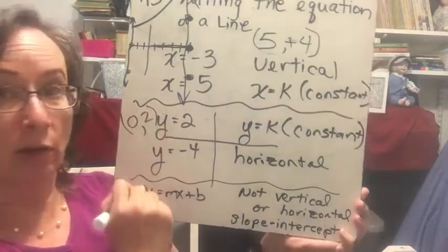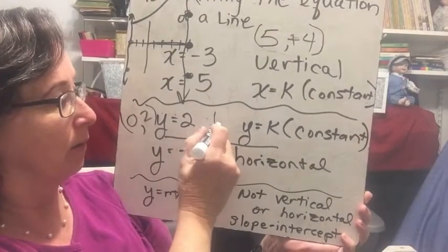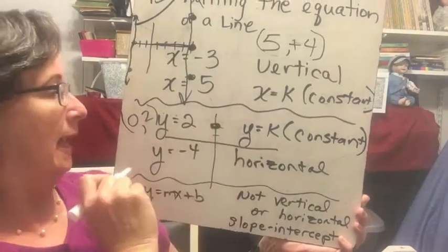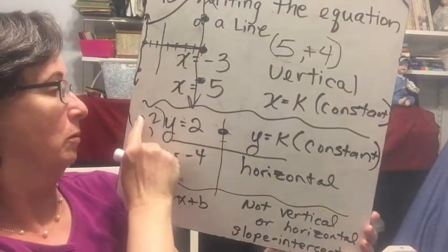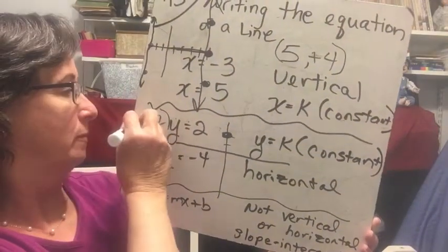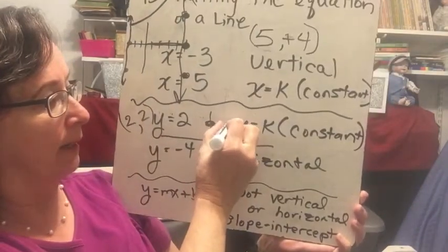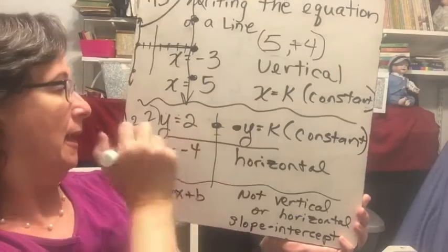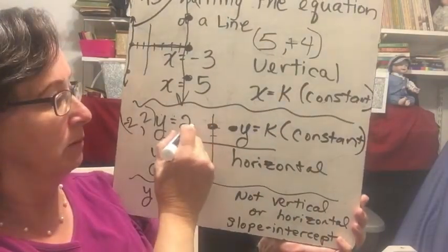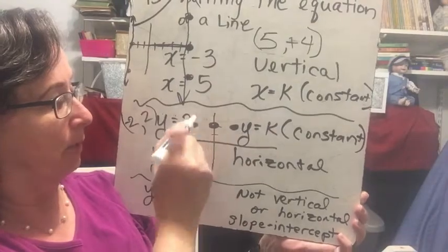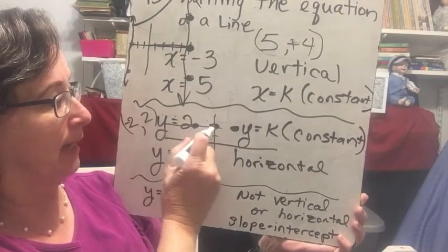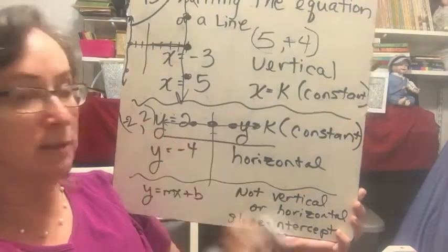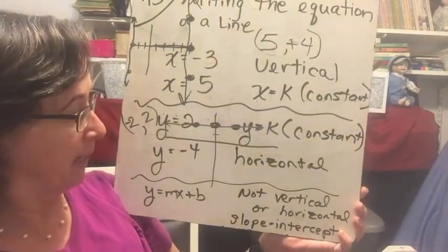So 0, 2 would be right there. And let's just do 2, 2, which would be about right there. And let's do -2, 2, which would be about right there. And look, I've got a horizontal line, okay?